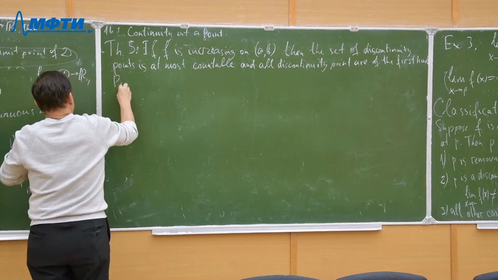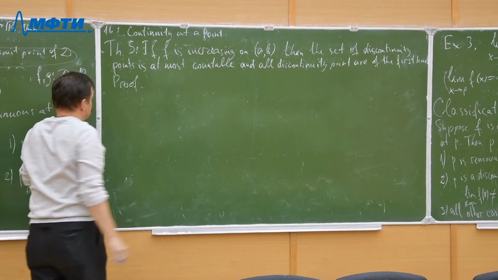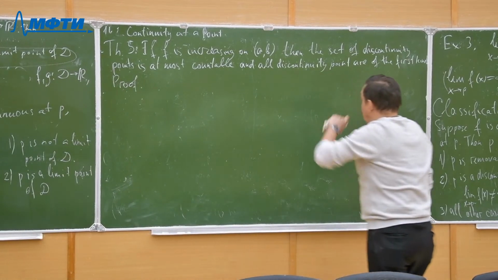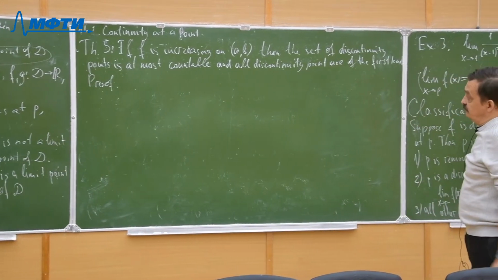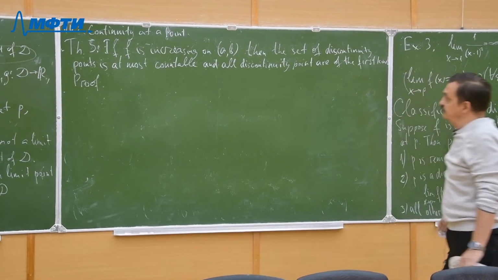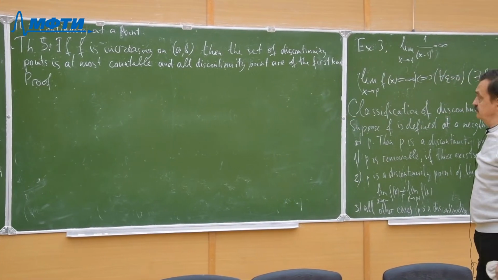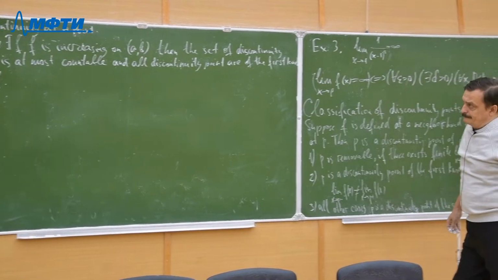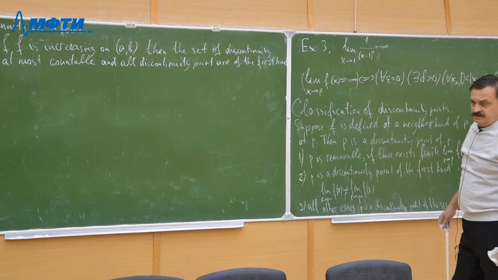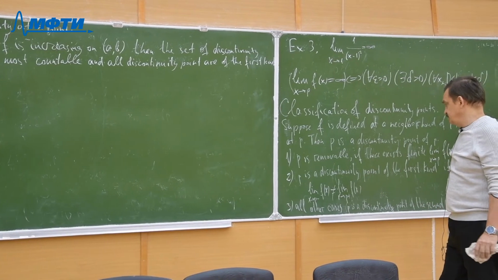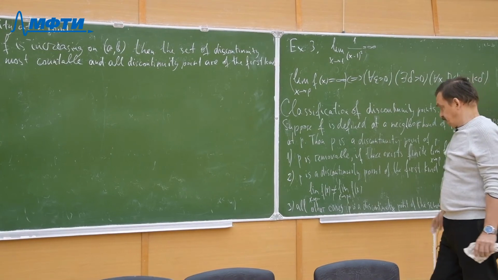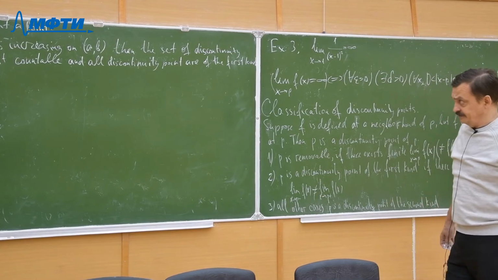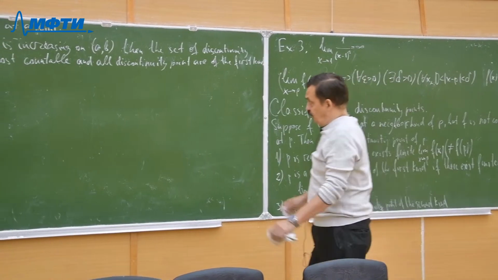Proof. So first, in fact, here the second part of the assertion is immediate, because we know by the theorem about monotone functions from the former section that one-sided limits exist for an arbitrary increasing function at any point.